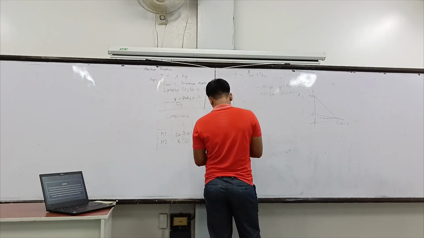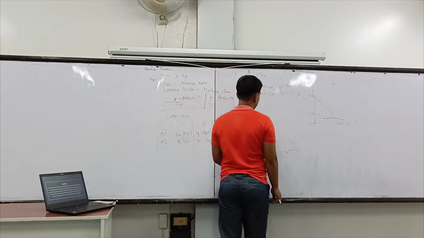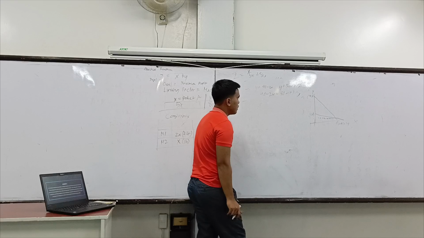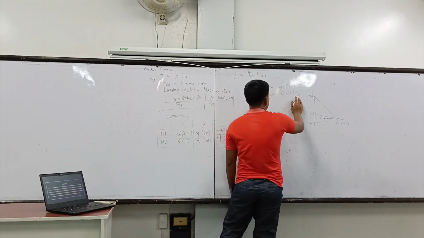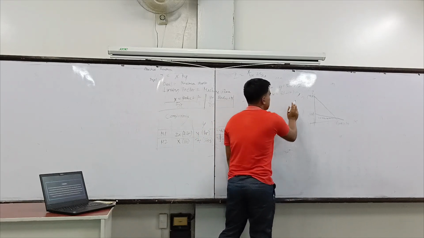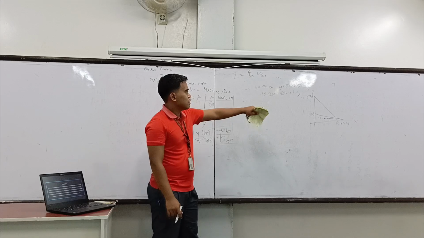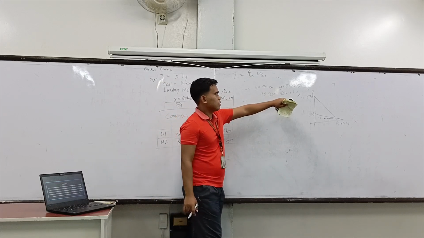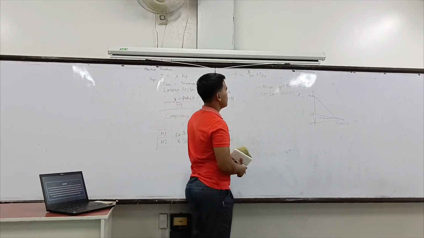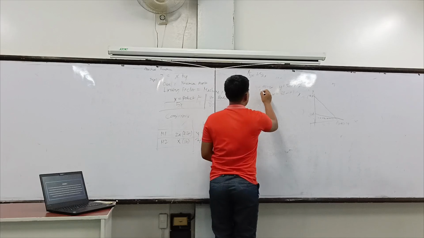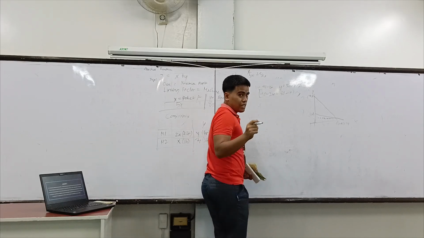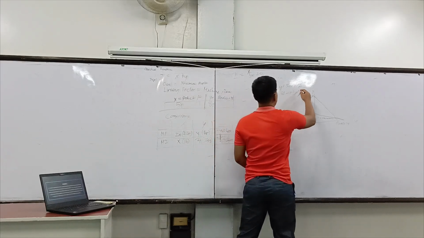In order to simplify it, to remove the divide by 3, we're gonna multiply both sides by 3.